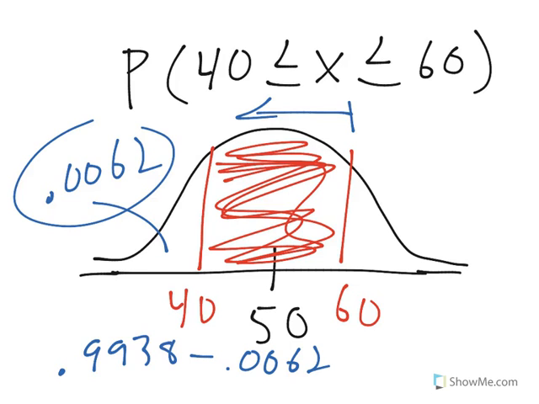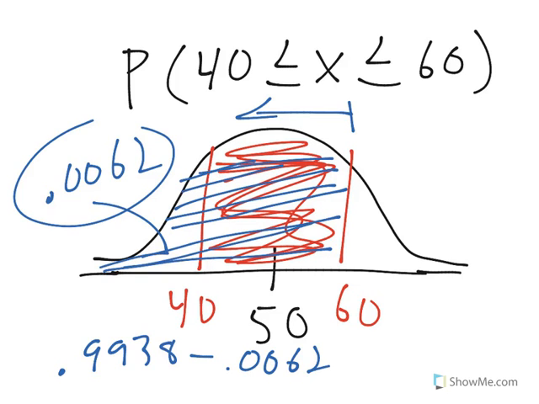Because if 0.9938 is from here, all of this, and then less than 40 is this piece, well, you can see we counted that area kind of twice, right? So if I take that piece out, I'm only going to be left with the red.